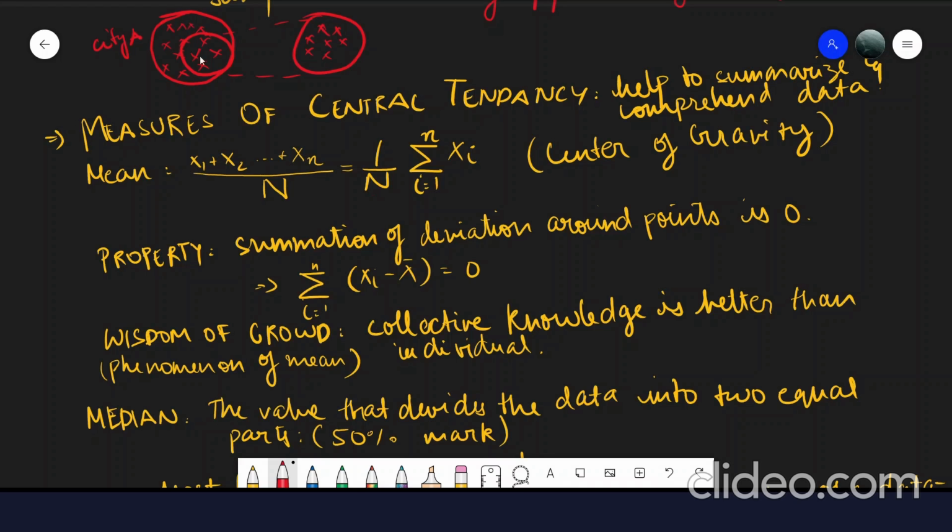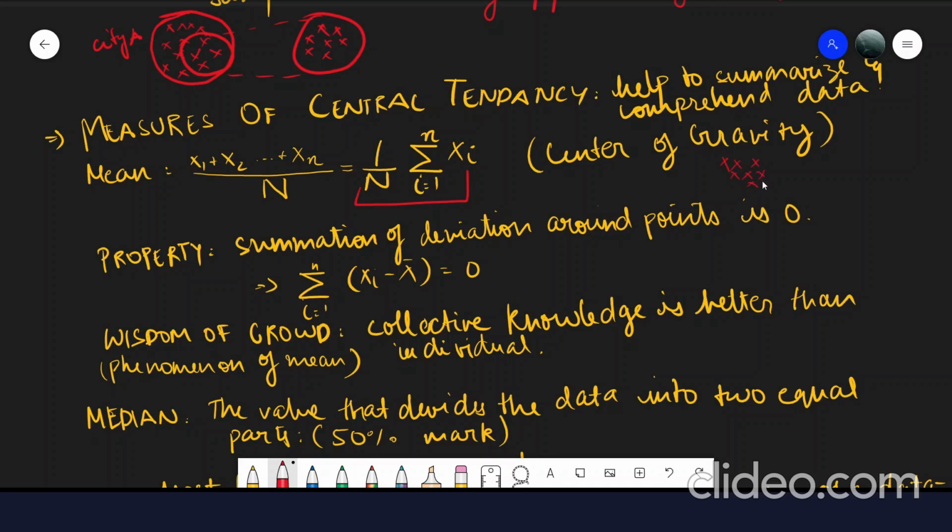The first measure of central tendency is the mean, which is nothing but the average, the aggregate: the sum of all observations divided by the total number of observations. So this here is the formula of a mean. In simple words, the mean is just the center of gravity of a data set or data points.